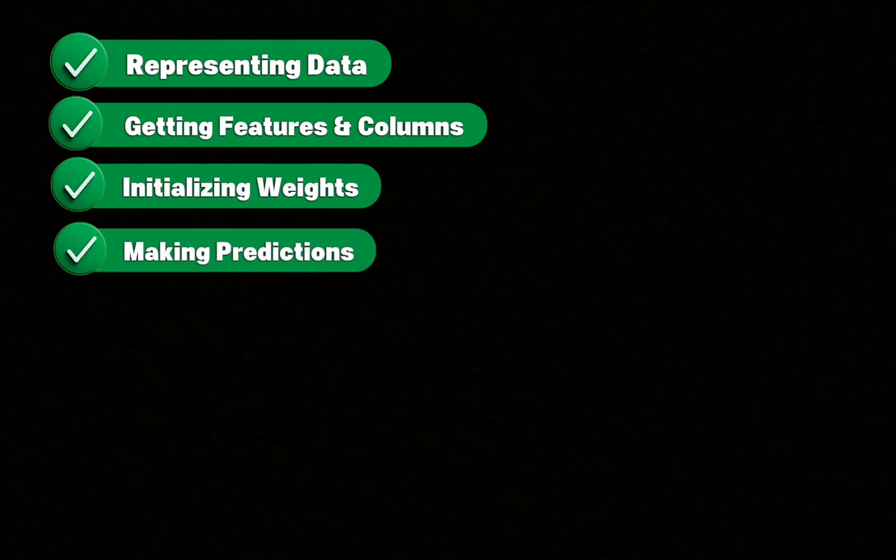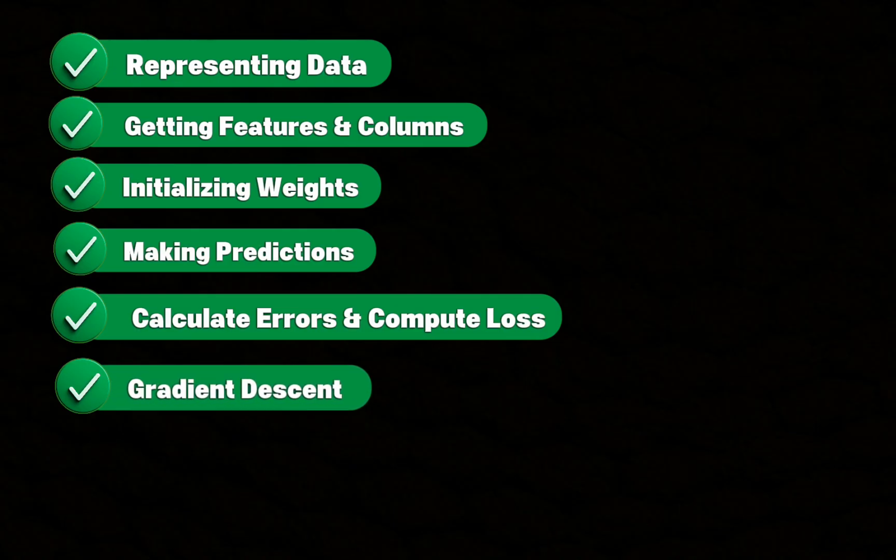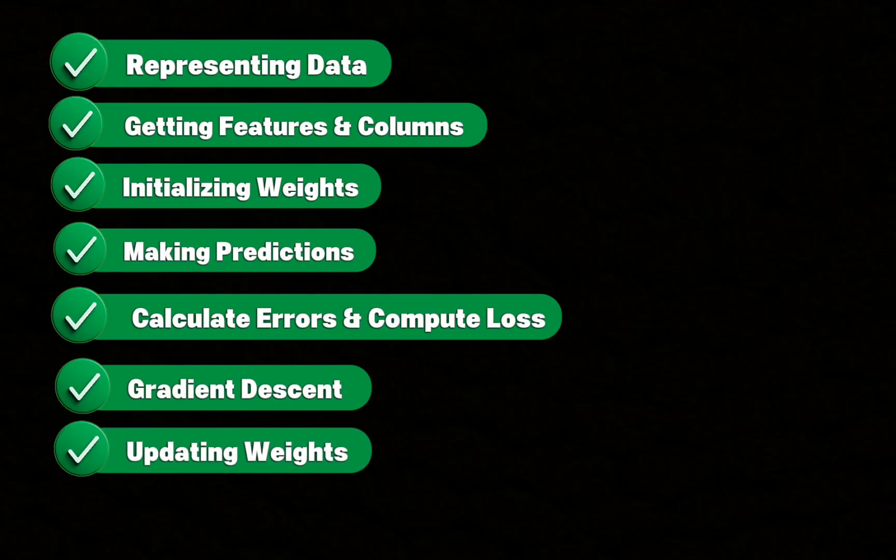We're also going to talk about how to make predictions, the math behind it, calculating errors, computing loss, and gradient descent. We'll go a little bit inside gradient descent, tell you what it is, why we use it in machine learning, and the formula. And we're also going to go into how we can update the different weights.